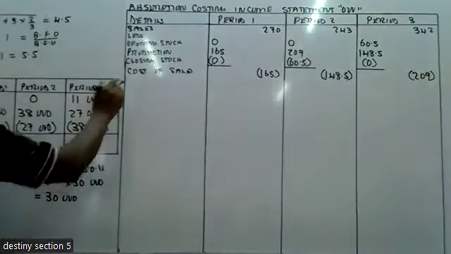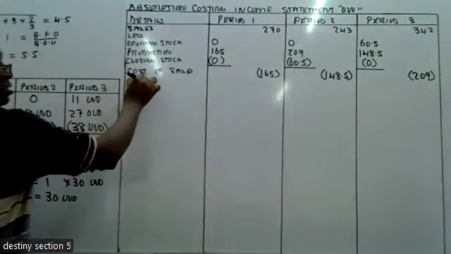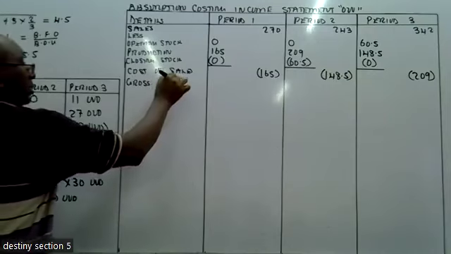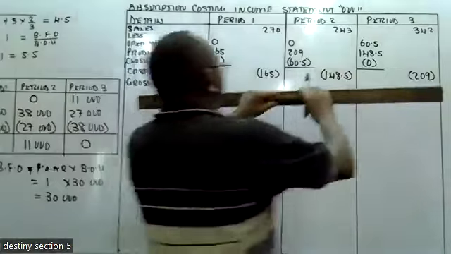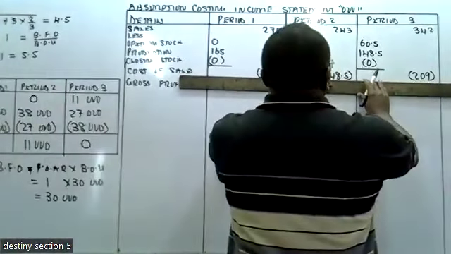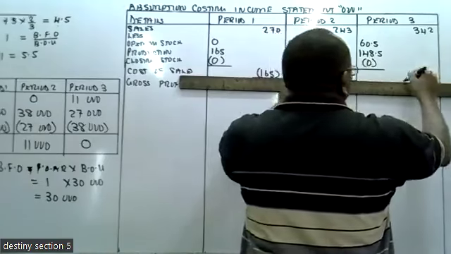When we subtract that, we will get a figure called gross profit. So here now you can see the word has changed. In marginal, it was gross contribution, but here now we are calling it gross profit.